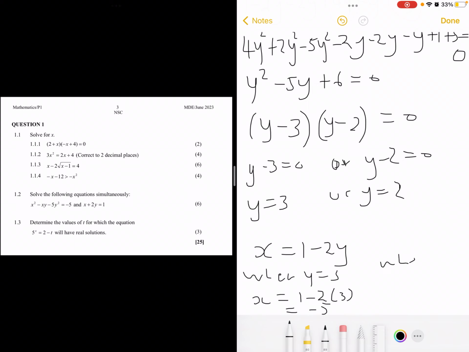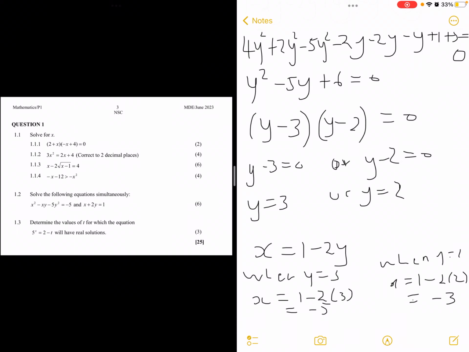And when y is equal to 2, my x value will be equal to 1 minus 2 times 2, and you get that x is equal to 1 minus 4, which gives us negative 3. Then you have simply solved both variables x and y simultaneously.